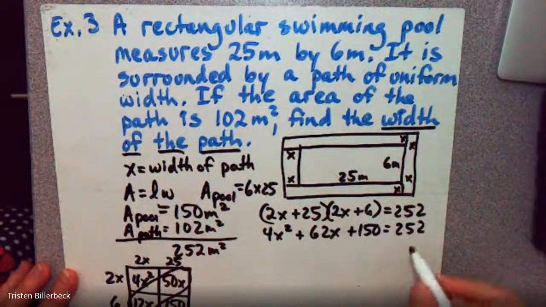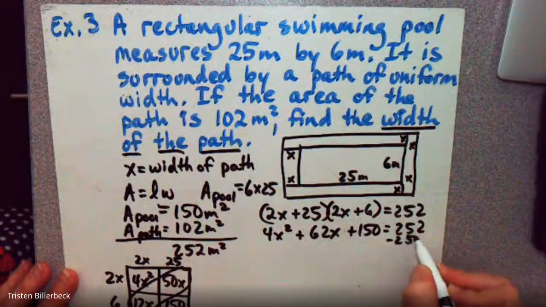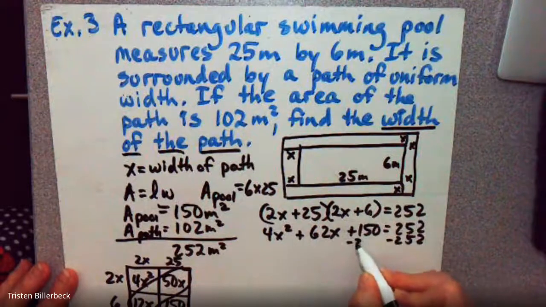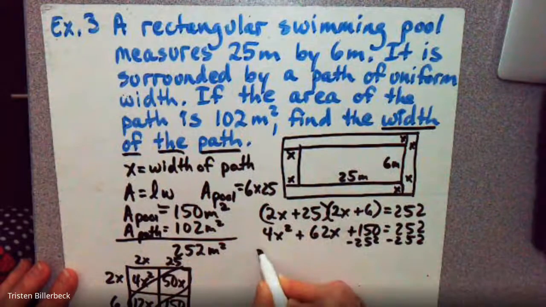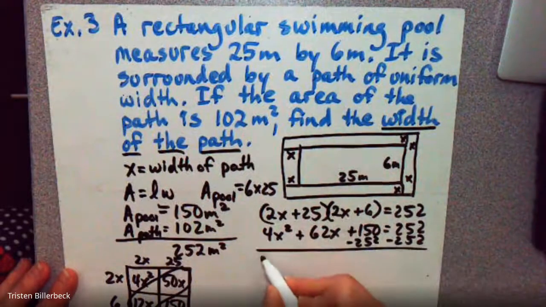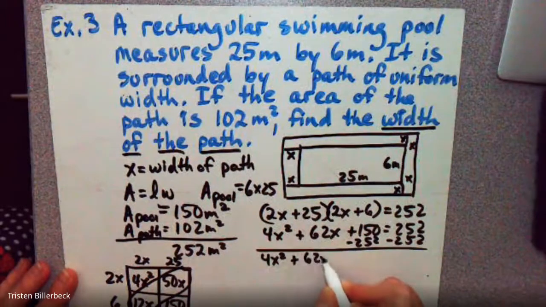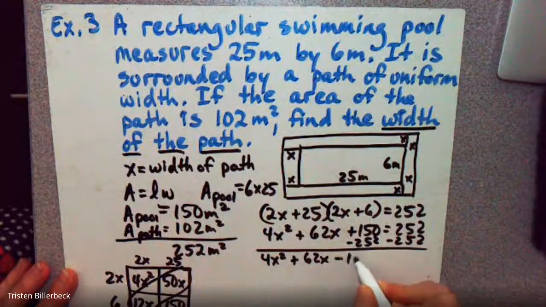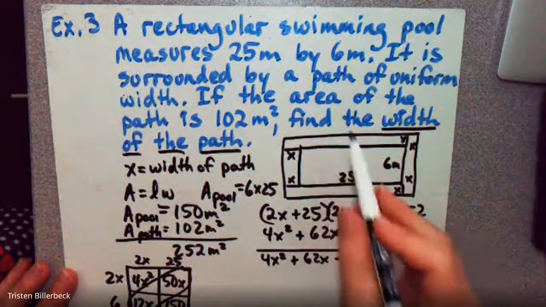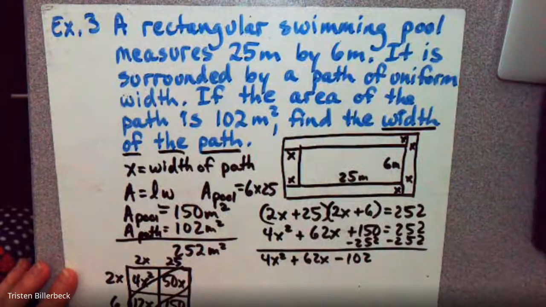All right, so let's move this over to the other side using an additive inverse. And that gives us 4x squared plus 62x minus 102, which is what we started with, the width of the path, equals 0.